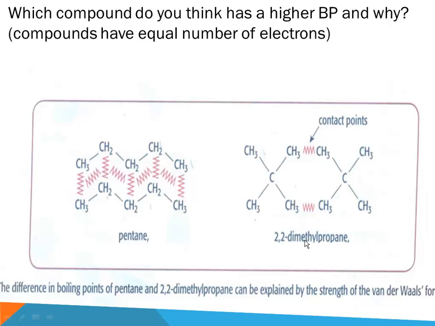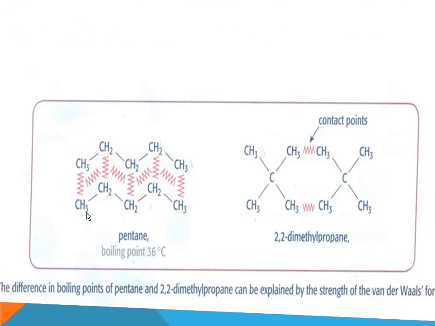So if you were to make contact with another molecule, you only have a couple of places in dimethylpropane, but in pentane you can line them up and have more contact along the carbons.